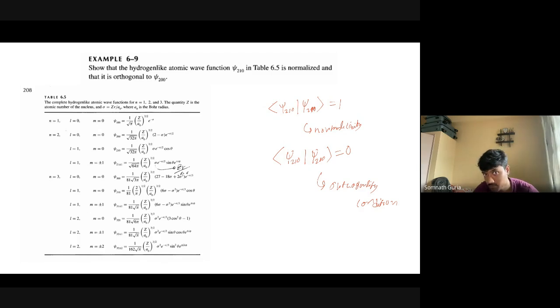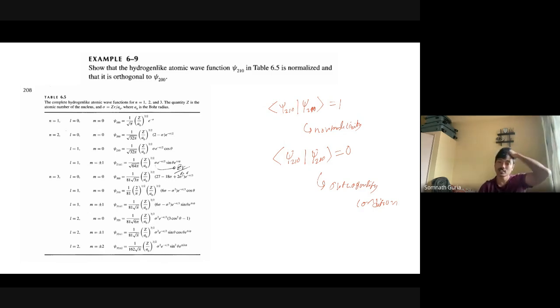Can I prove it? The given equation is given here: psi 210 given here, psi 200 given here. Based on that, can we prove that psi 210 is a normalized function, and psi 210 is orthogonal to psi 200?